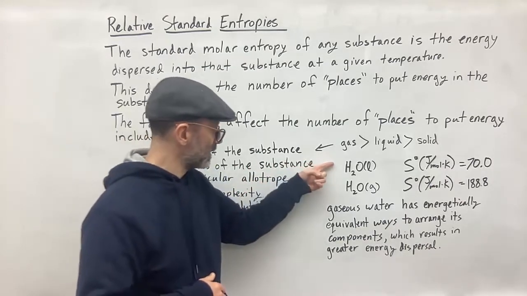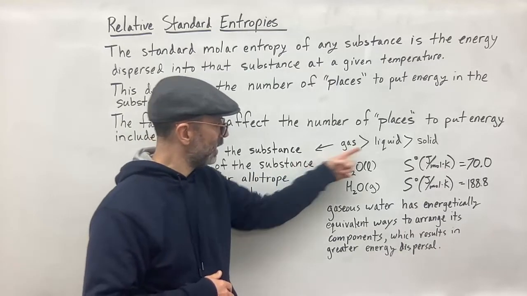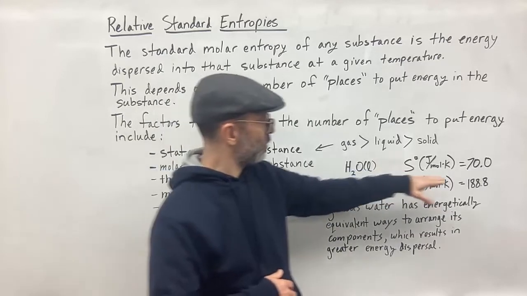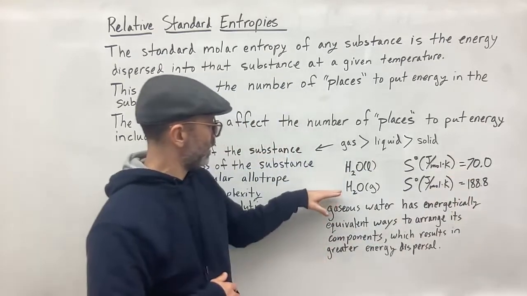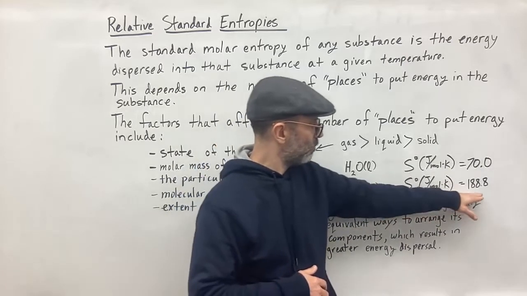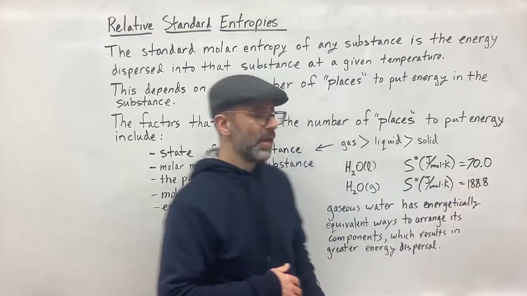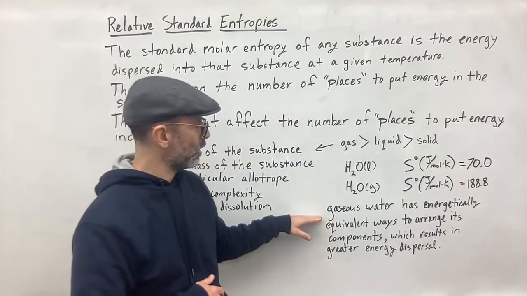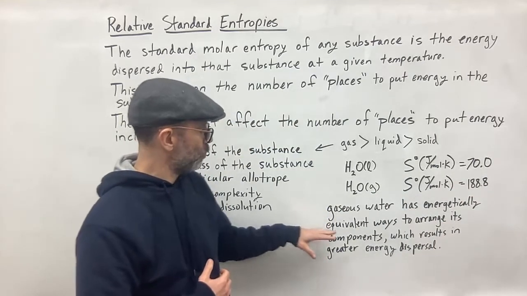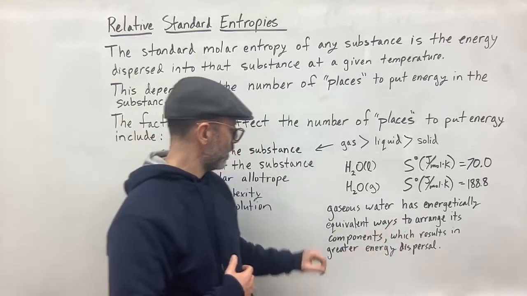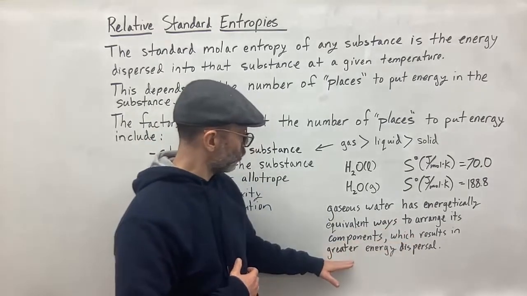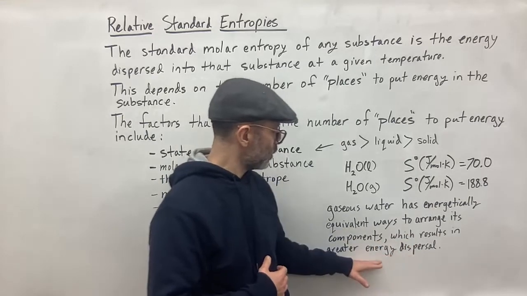So here we have an example of liquid water, which has a molar entropy of 70. And here you have gaseous water, which has a molar entropy of 188.8. And so gaseous water has more energetically equivalent ways to arrange its components, which is going to result in a greater energy dispersed, right?